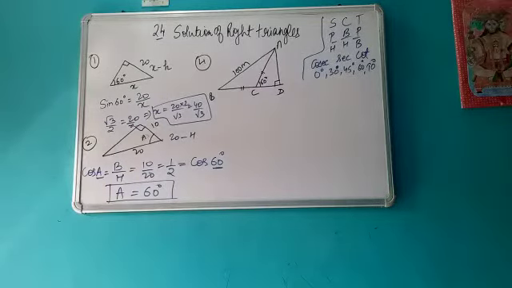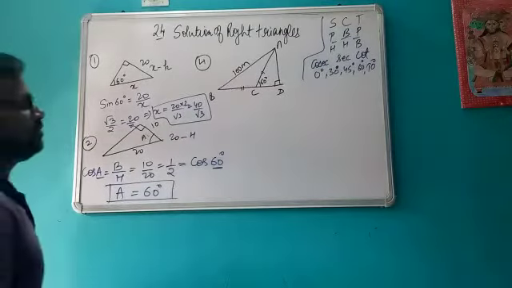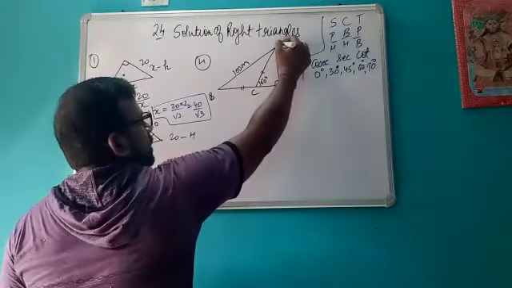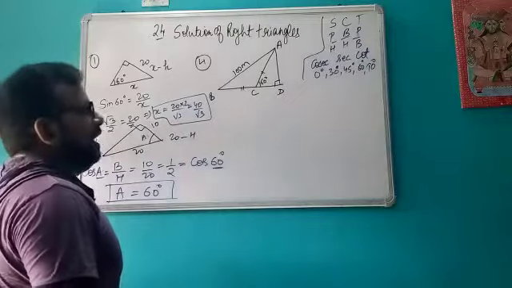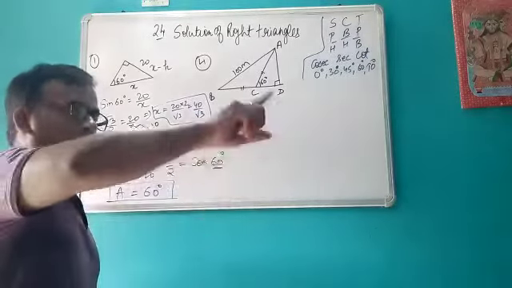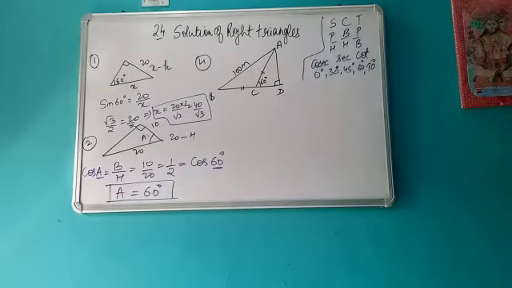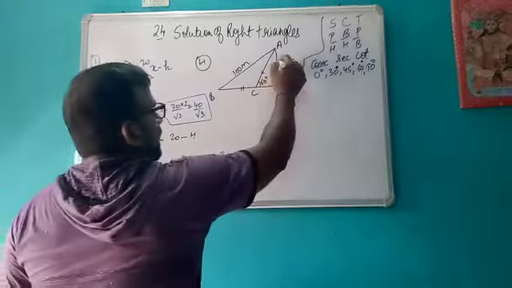Okay, let's discuss one more type of question. If you see carefully, in this there are two triangles, and we have to find the value of this side AD.